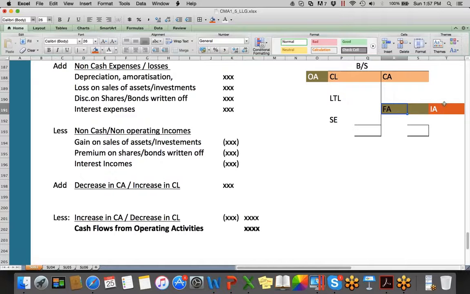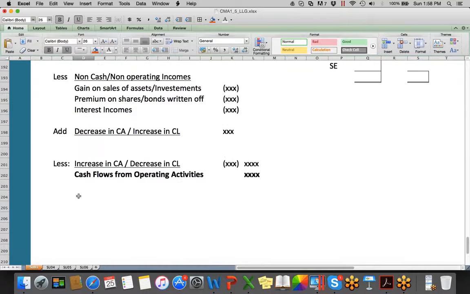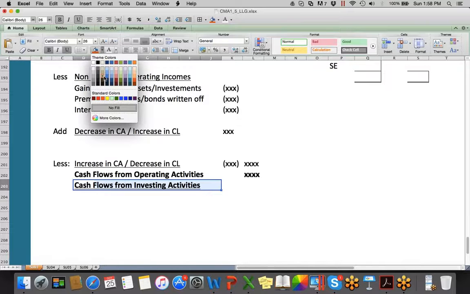This is gone. Okay, now left with you is fixed assets on the asset side. This has to be considered in investing activities. So let me take you there. What all items come under investing activities? So cash flows from investing activities.